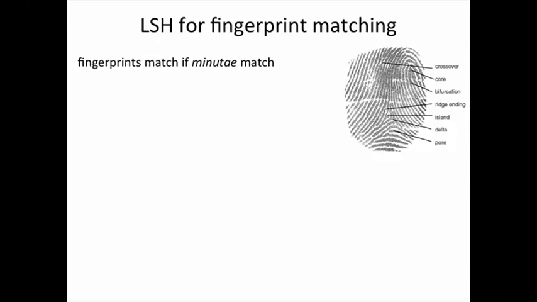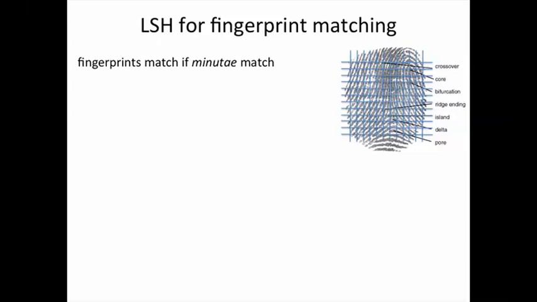Instead, we'll only worry about whether a particular print has some minutiae in a particular grid point. So we assume a grid of cells to be placed on the fingerprint, and we're only measuring whether or not a cell contains a minutiae of some kind.